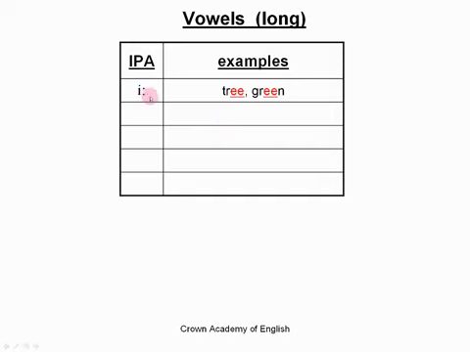E, tree, green. Oo, shoe, food. Ar, arm, car. Or, door, for.